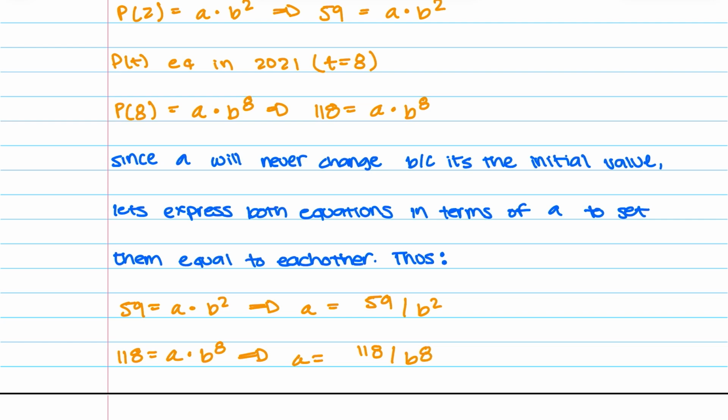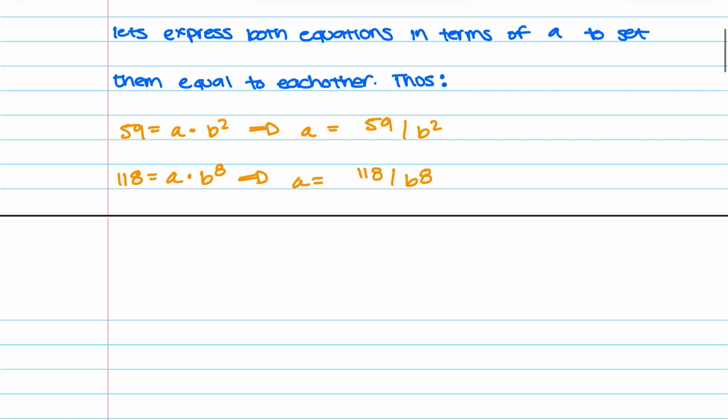And so now that both equations are expressed in terms of a, we can set these equations equal to each other. By doing so, we end up with the following expression: 59 divided by b squared is equal to 118 divided by b to the 8th.